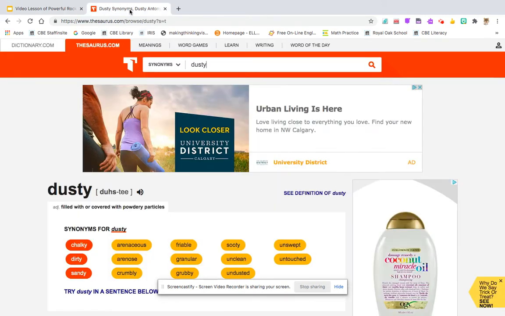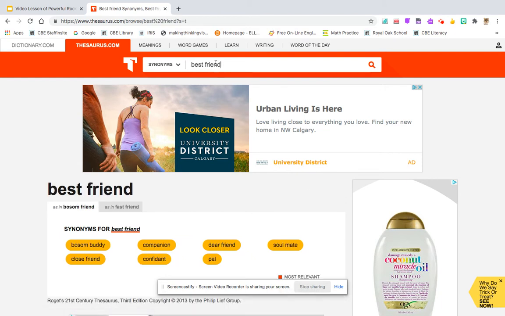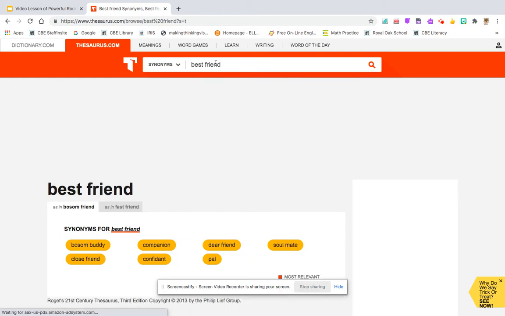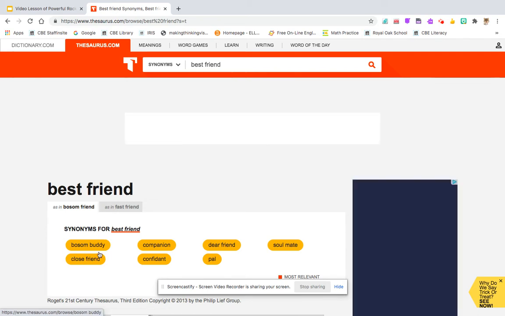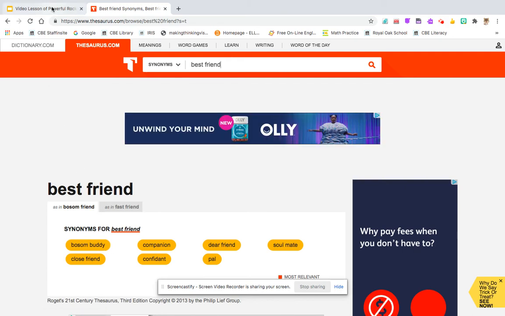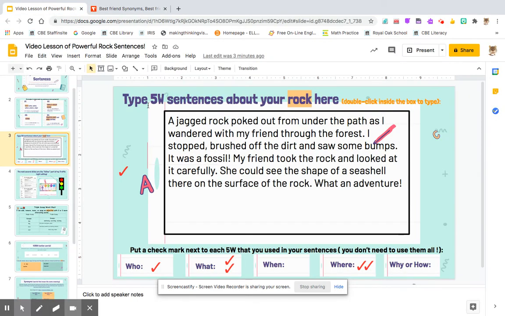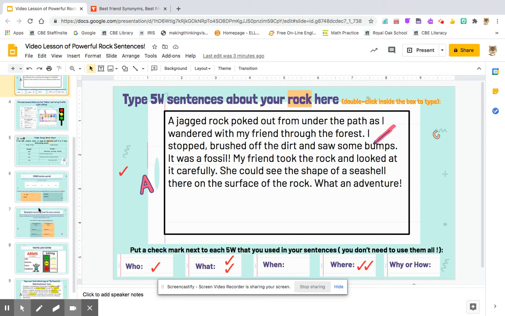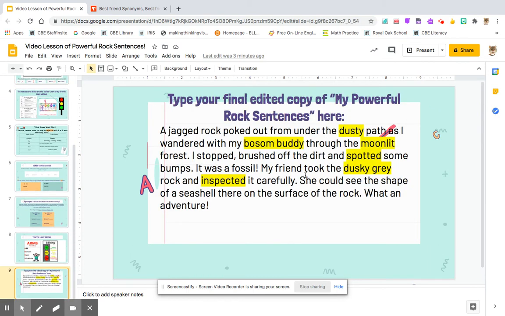And so I typed in here, best friend. And then there were a bunch of words that came up. And one of them I really liked was bosom buddy. So I went back in and made changes to friend and I added bosom buddy.